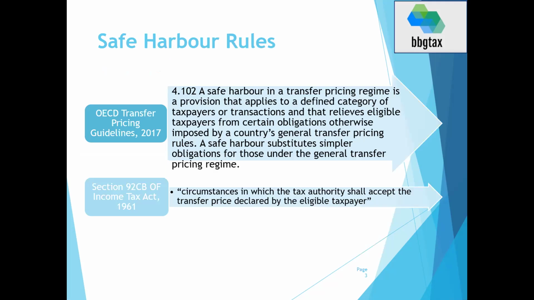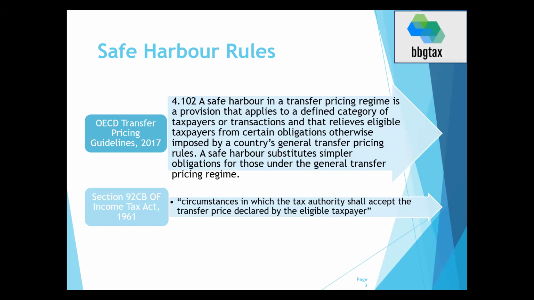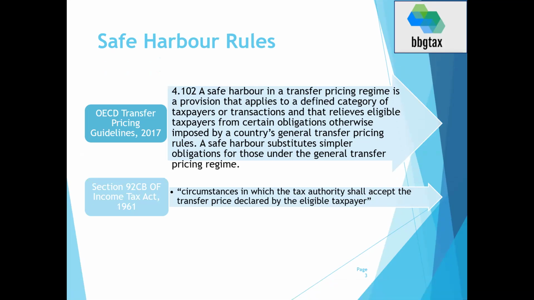Now, coming to a little bit of the law and the background of safe harbor provisions. The OECD transfer pricing guidelines also contain safe harbor provisions. Para 4.102 of the OECD transfer pricing guidelines 2017 talks about safe harbor. It defines what safe harbor means.